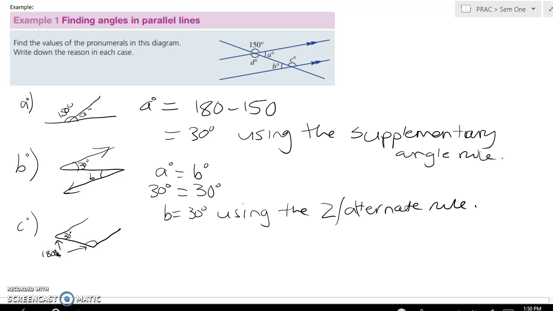So C, just put a little C there, is going to equal 180 minus 30 degrees, which is going to give you 150 degrees, because these two angles have to add to 180.